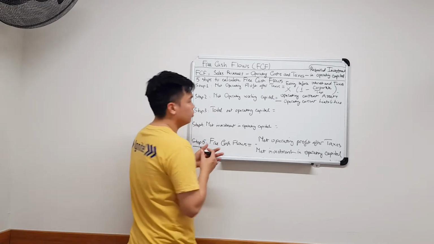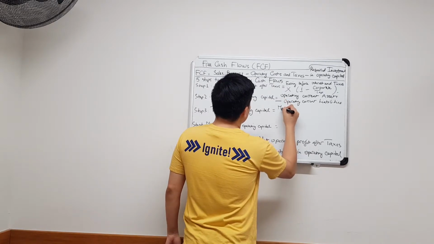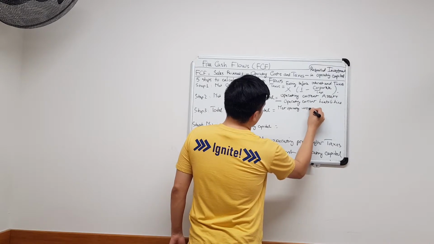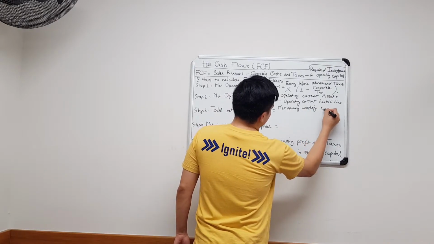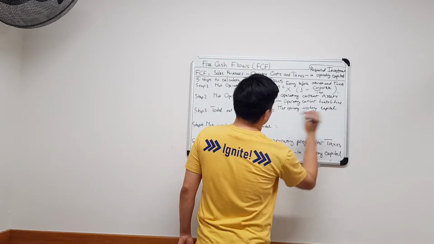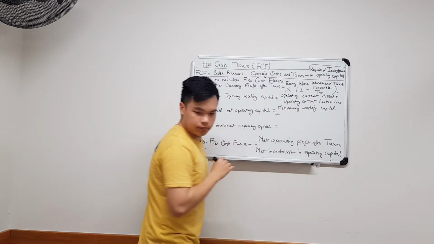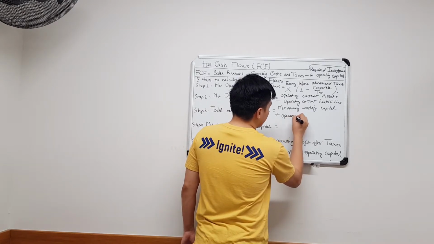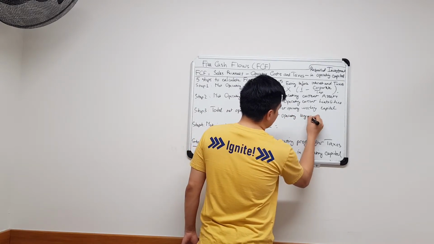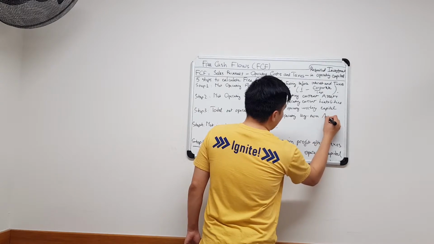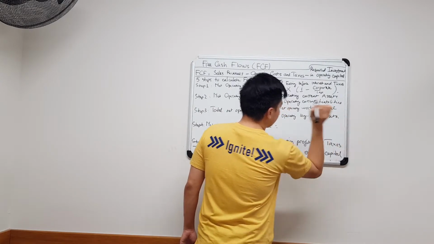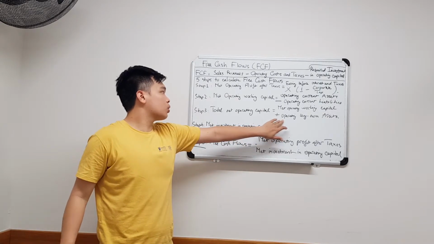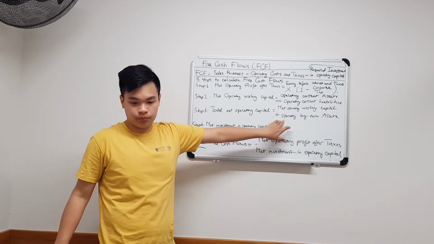It is equal to net operating working capital plus operating long-term assets. Then we have total net operating capital.